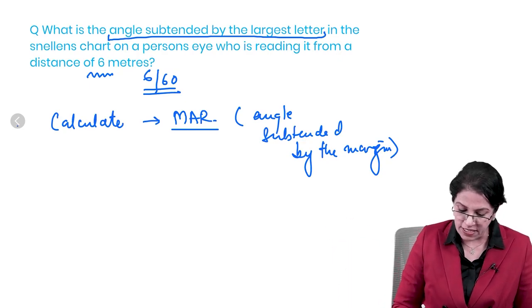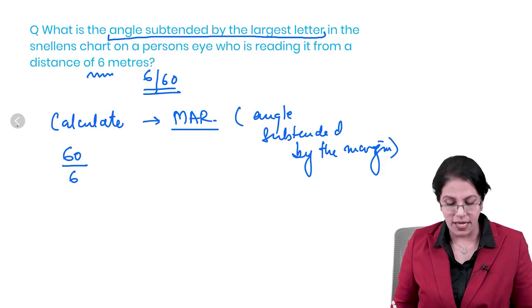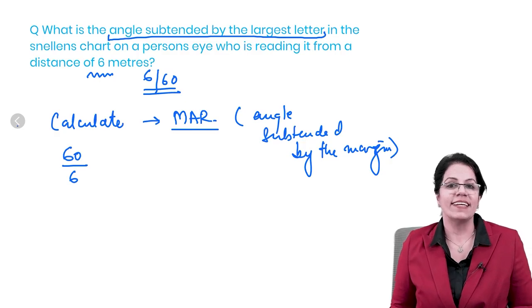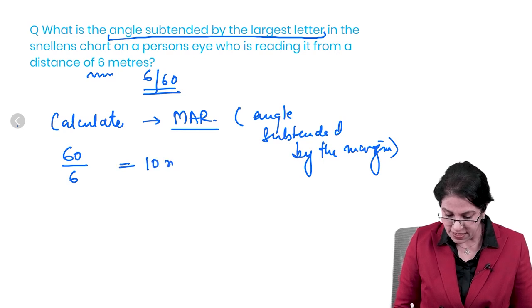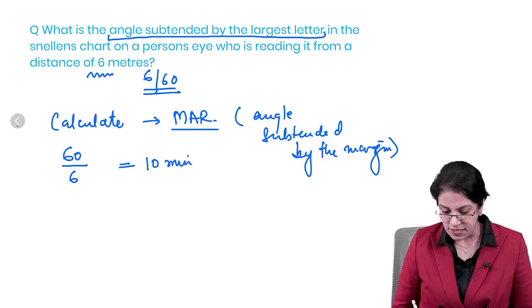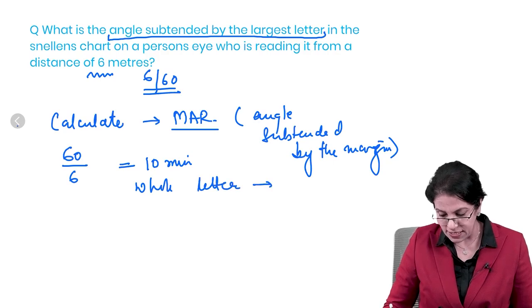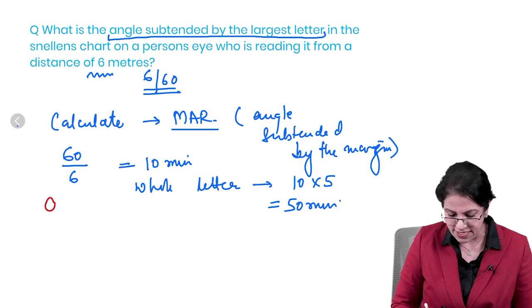A very quick method: just reverse the fraction. So it becomes 60/6. Always reverse the fraction. You get the minimum angle of resolution at 6 meters. So, this is 60/6, which is equal to what? 10 minutes. So, this is MAR at 10 minutes. That means the whole letter will subtend how much angle at 6 meters? 10 into 5, so this is equal to 50 minutes. This is the answer. Okay, and it's an important exam question.